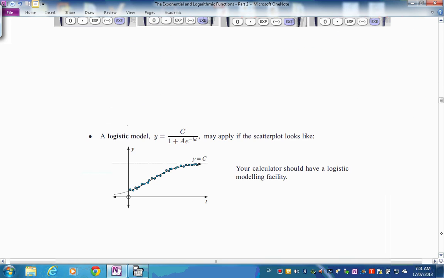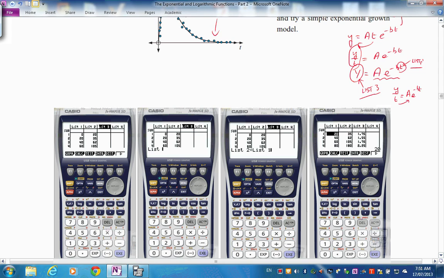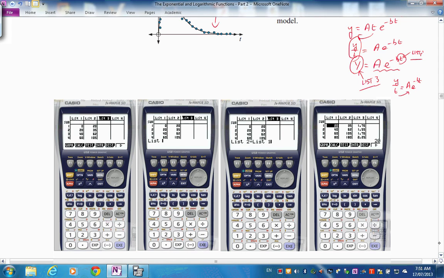So here, we'll just go back up again. So here, let's come down there. Okay, so here, there's our original data, t, and this is y, or whatever the context was. And then, what do we do?